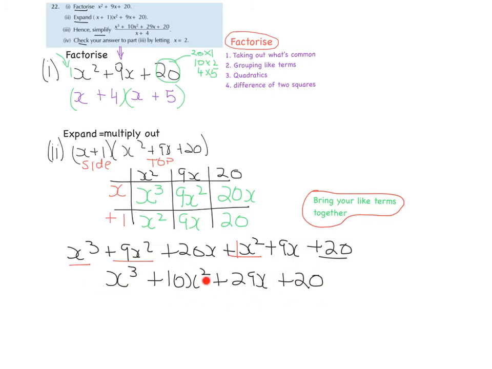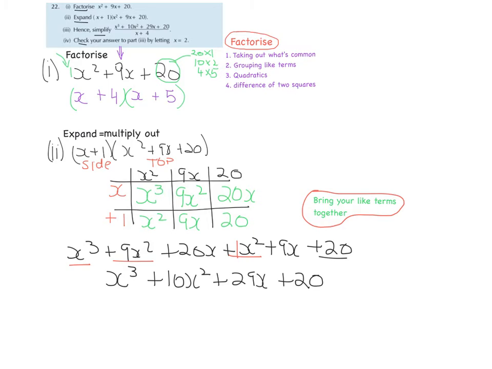Well, what do I know? I know that all of this is really this, correct? Yeah? And I also know that this part is this. So I can rewrite all of this in a different way. It will still mean the same thing.